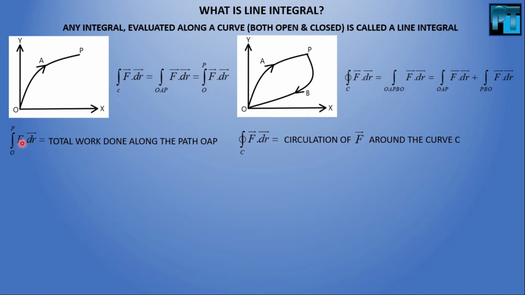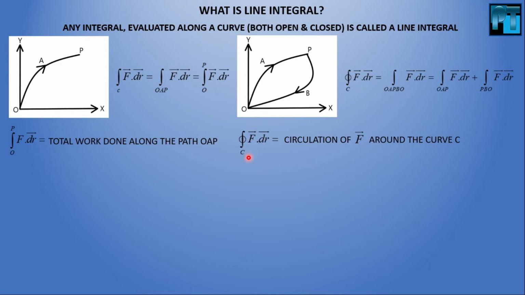Now let F be a force acting upon a particle of mass m, which displaces the particle from O, the initial point, to P, the final point, through this OAP curve. Then the open line integral of f dot dr is the estimation of the work done, and the closed line integral is actually called the circulation of this vector along the curve.